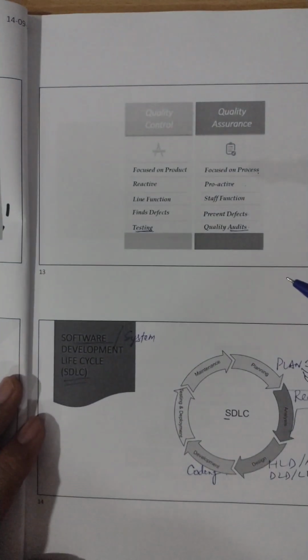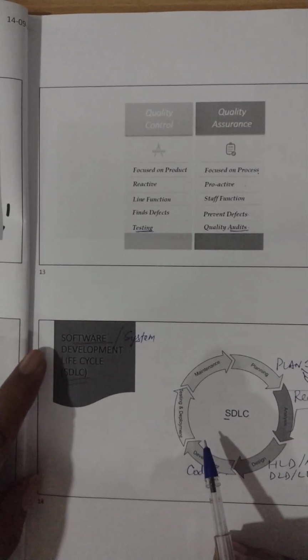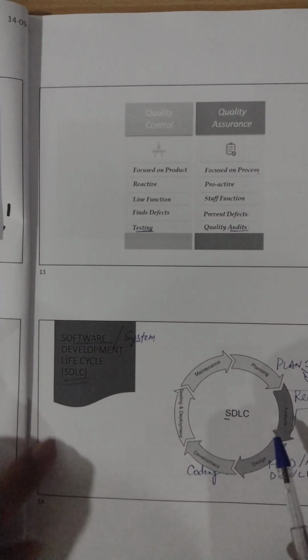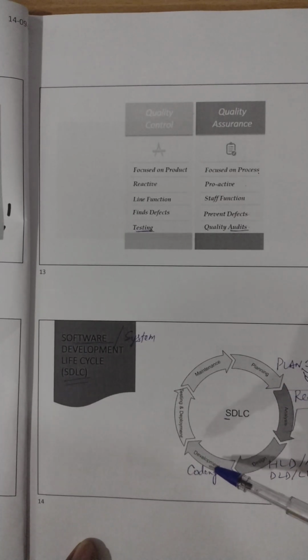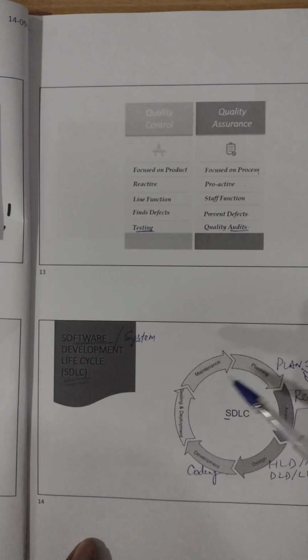Now let's have a look at the SDLC, software or system development life cycle. Start with planning, analysis, design, development, testing and deployment, and maintenance. In planning you prepare the project plan, make the schedule, have the risk plan, configuration management plan, quality assurance plan.